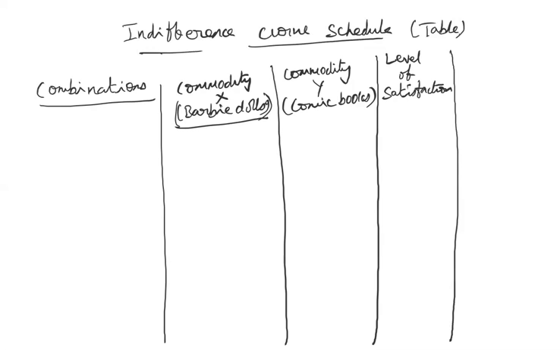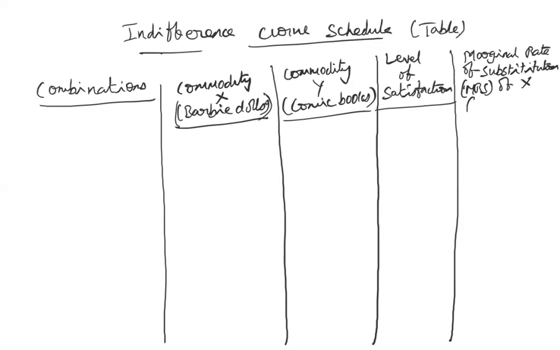And the fifth column, there is something called the marginal rate of substitution, that is MRS, of X for Y.